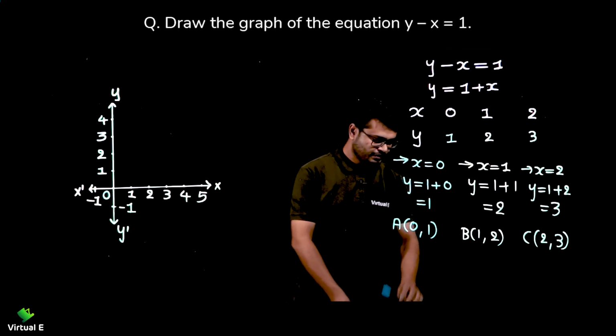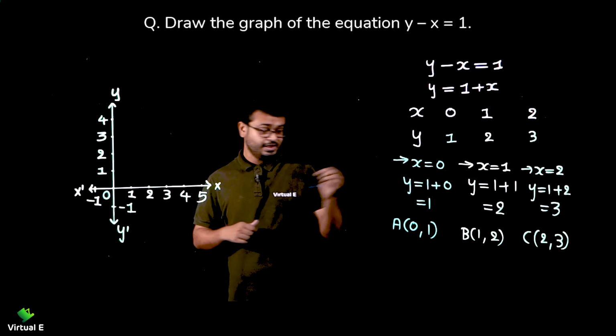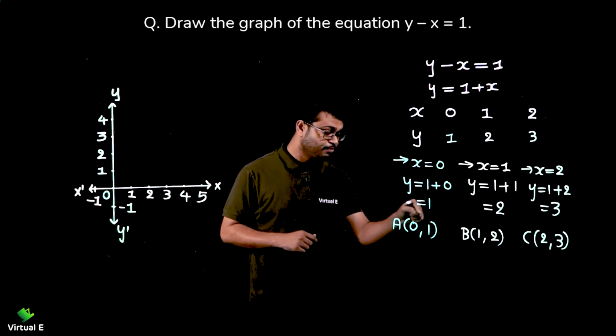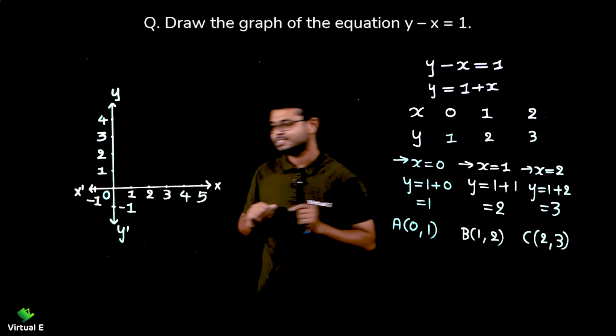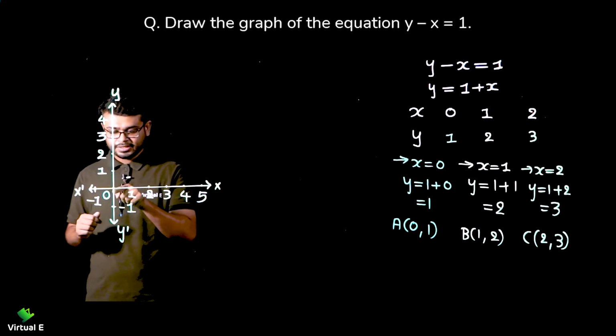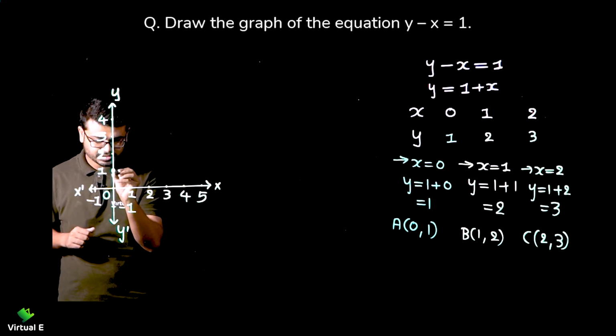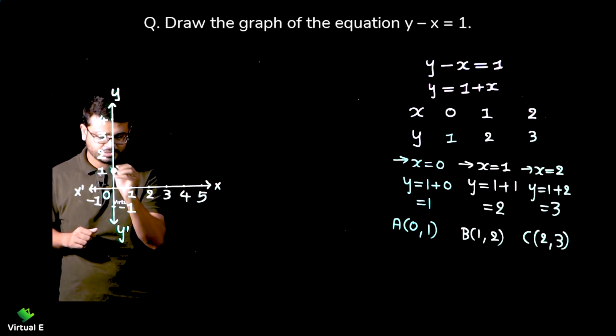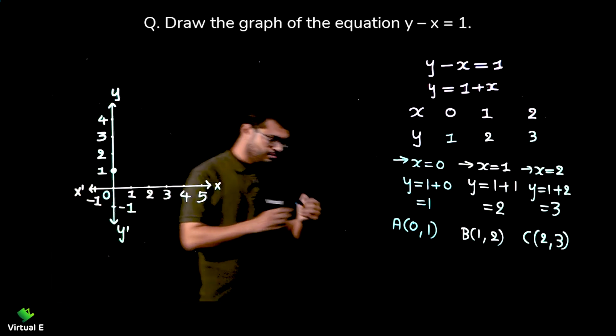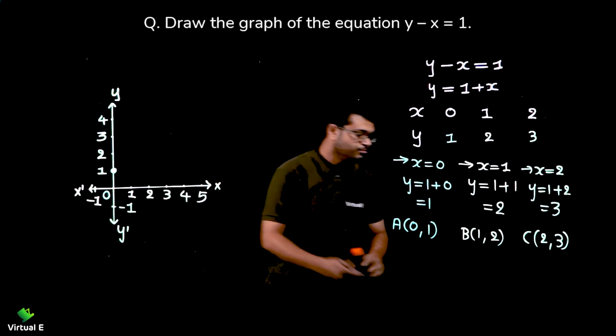So let's start. First of all, A (0, 1). See, the x-coordinate is 0, so the point will be on the y-axis, right? So 0 here and 1 on the y-axis. This is my first point, that is A. Now let's do the second one, B (1, 2).